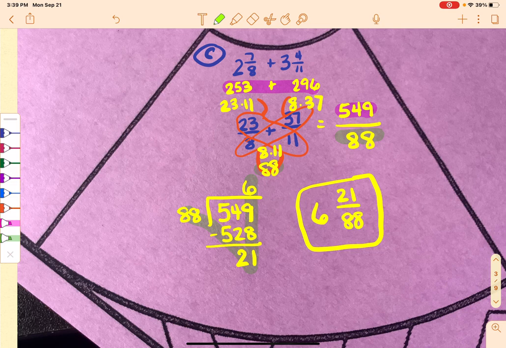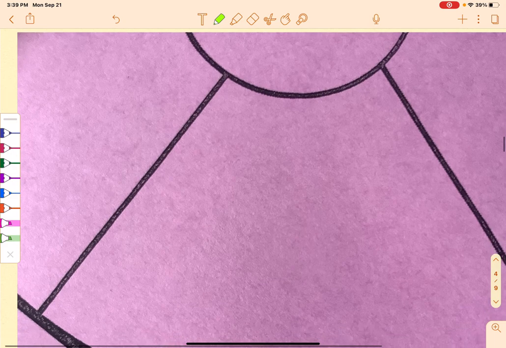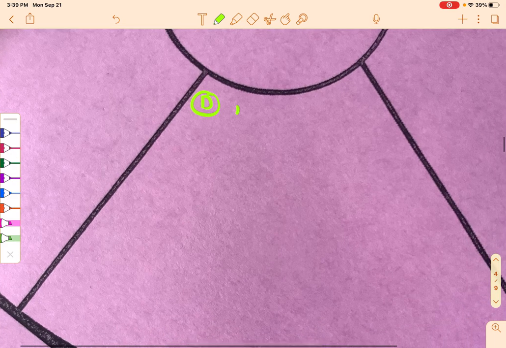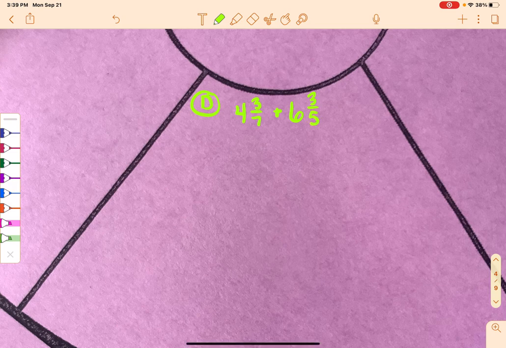Okay, we got one left. So my D is 4 and 3/7 plus 6 and 3/5. Now, to be able to set that up, I have to make both of these into improper fractions. So 7 times 4 is 28.